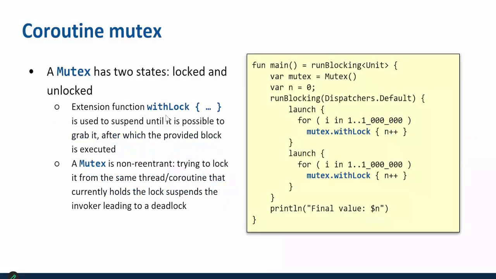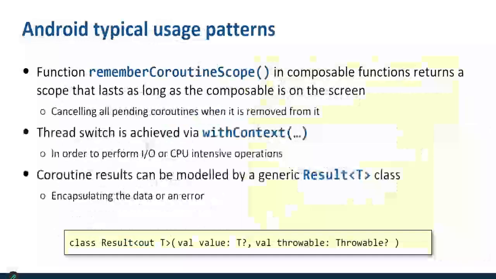We have seen that mutex and semaphore in the context of coroutines are just another kind of suspension point, so the deadlock will not be, let's say, blocking for the application, but still it's good to remind that mutex is not re-entrant, so try to avoid introducing deadlocks into your code.